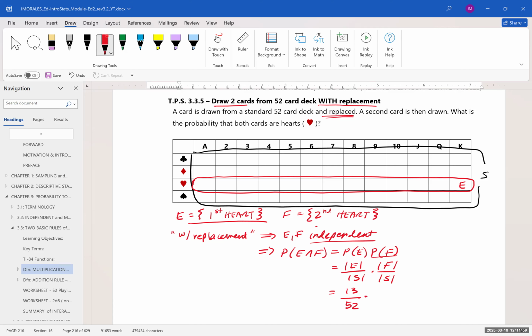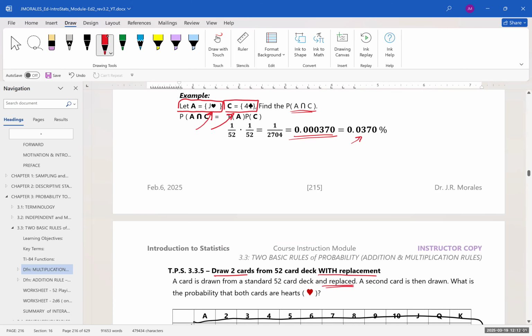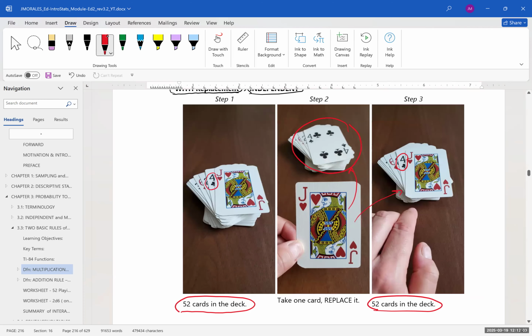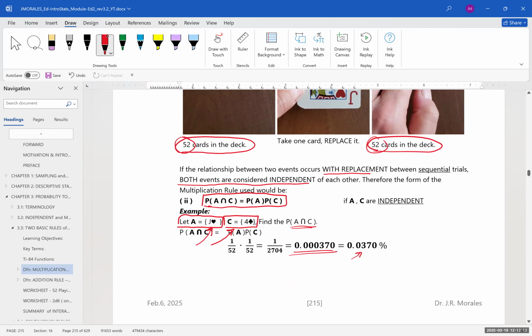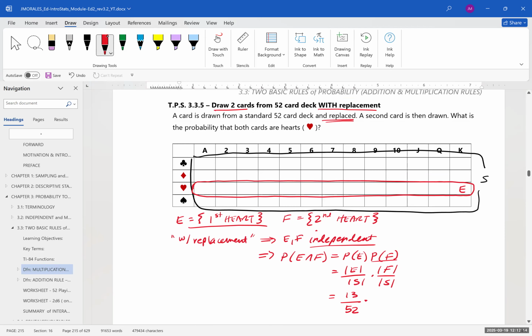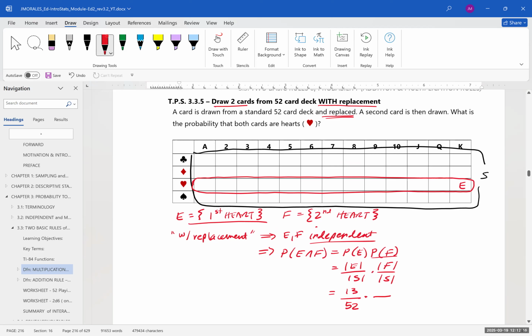Now, we took that card out of the deck, right? We took that first card out of the deck and we put it back in. So we started with 52 cards, and now when we draw our second card, we're also going to have 52 cards. So we know that when we look for our second heart, that the sample space will not have changed.